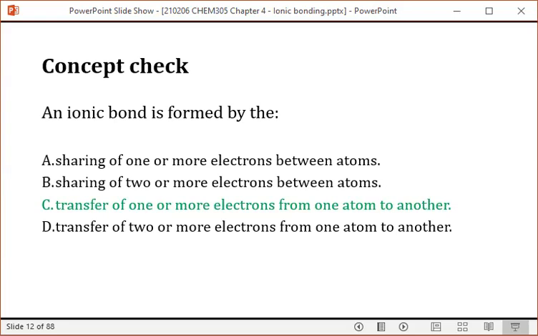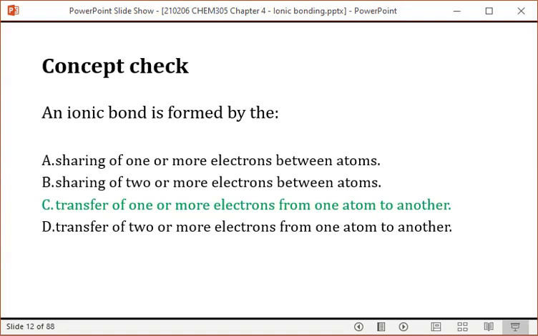So the main difference between ionic and covalent bonds is ionic bonds involve the transfer of 1 or more electrons. And when one atom transfers an electron to another, you always form 1 cation and 1 anion. And then those opposite charges are attracted to each other, and that's what pulls them close to make a chemical bond, which we call an ionic bond.